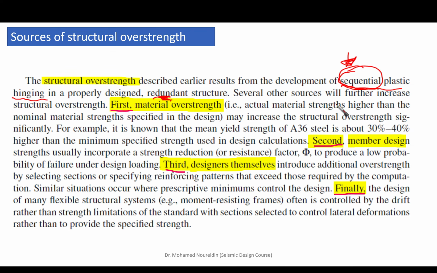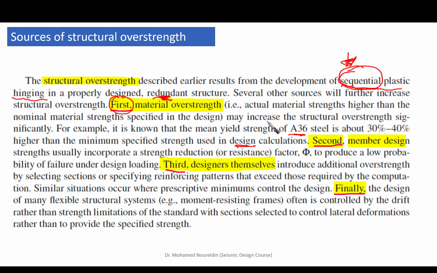Several other sources will further increase the source of overstrength. For example, firstly, material overstrength. Actual material strengths higher than the nominal material strengths specified in design may increase the structure overstrength significantly. For example, it is known that the mean yield strength of A36 steel is about 30% to 40% higher than the minimum specified strengths used in the design calculation.